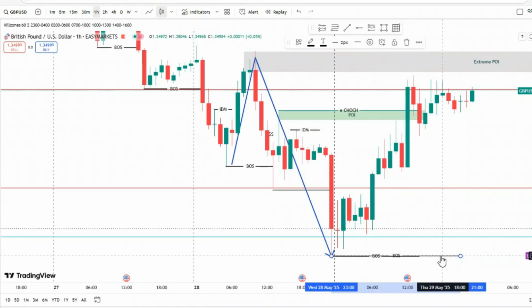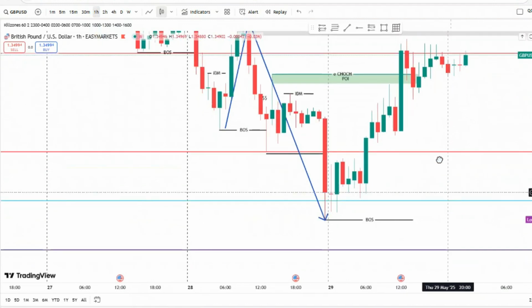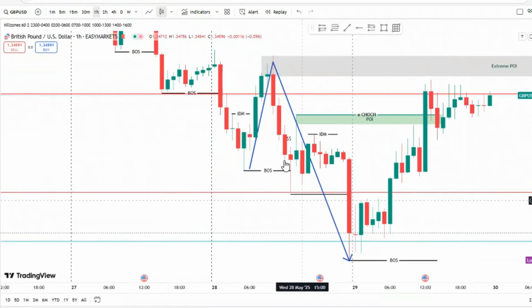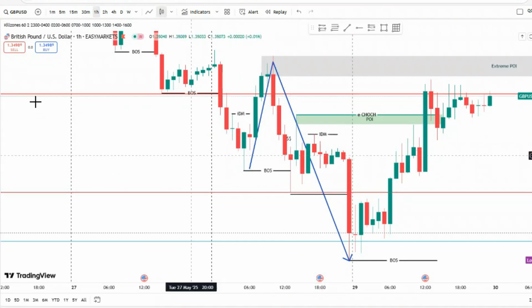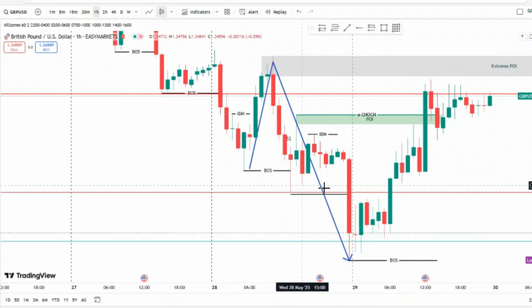So right now we are anticipating that price is supposed to tap into the extreme point of interest and then show a bearish movement to the downside and create another break of structure. So what happened was that in my analysis, I went straight up to the 15 minutes time frame. In actual sense, the higher time frame structure shows that this wasn't a valid break of structure, but this was a valid break of structure.